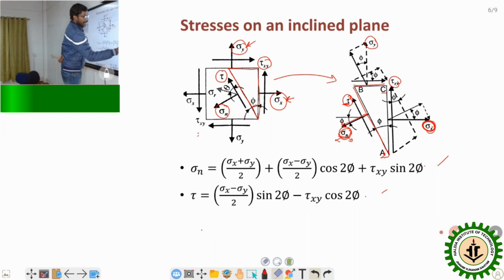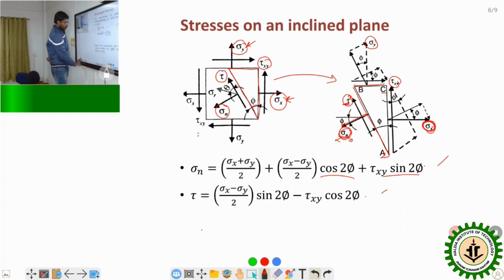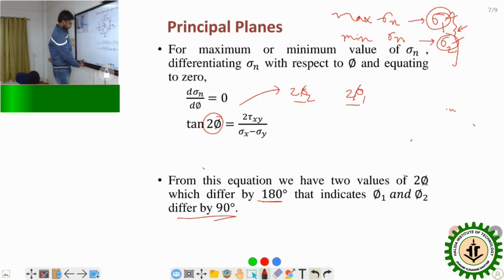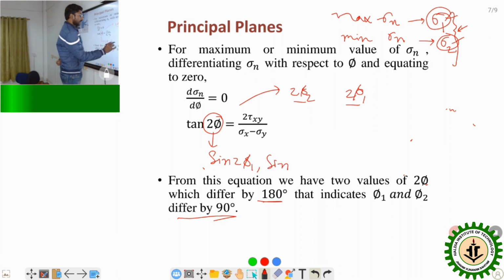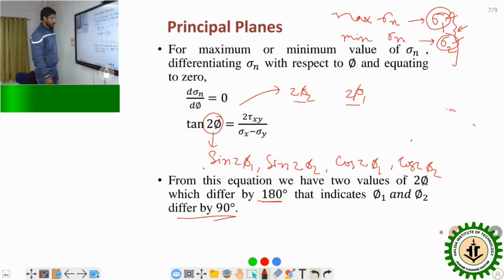So from the value of tan 2 phi, we have to find out sine 2 phi 1, sine 2 phi 2, cos 2 phi 1 and cos 2 phi 2. So how do we calculate this?